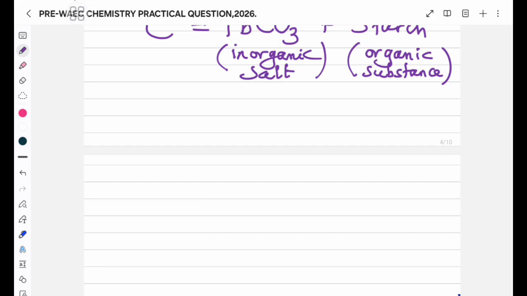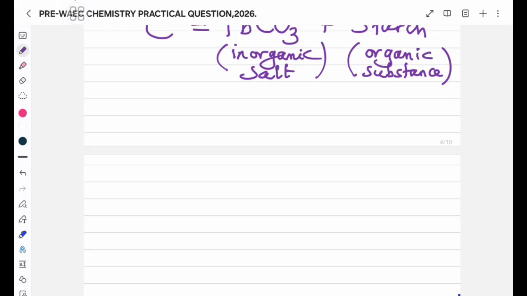So when a mixture of lead(II) carbonate, that's PbCO3, and starch is added to water, the first thing you should observe is that the mixture will look cloudy or milky white.